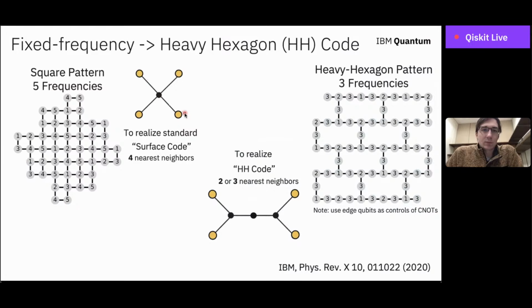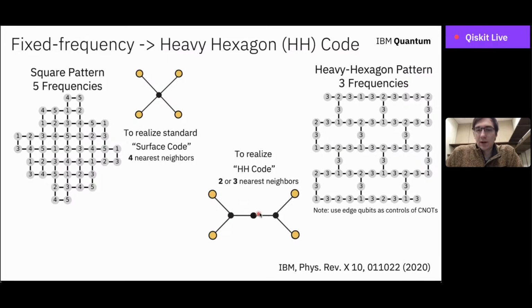What that means in terms of the frequency collisions that I showed you on the previous slide is that you actually need 5 frequencies to avoid those collisions. Now, in contrast, if we look on the right here, this is the heavy hexagon lattice. Here, you can think of each of these cells as a hexagon with qubits on the vertices and the edges of the hexagon.